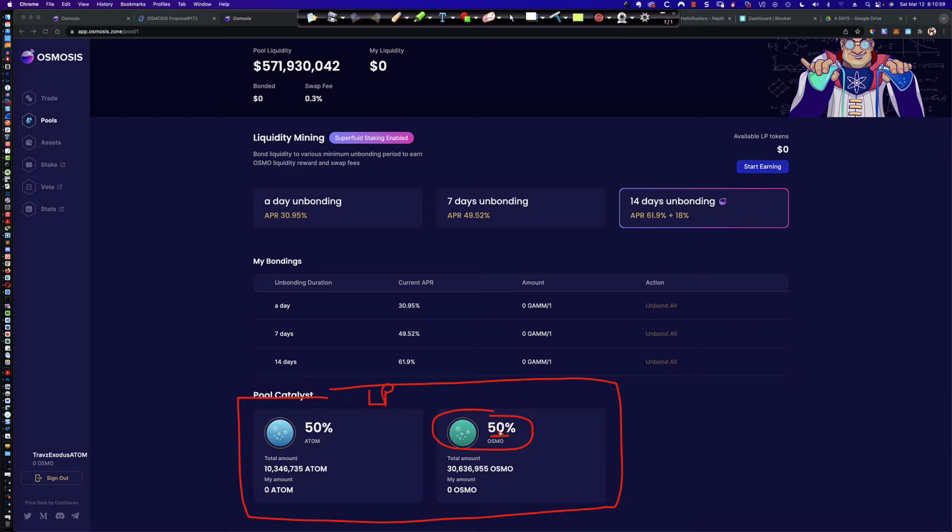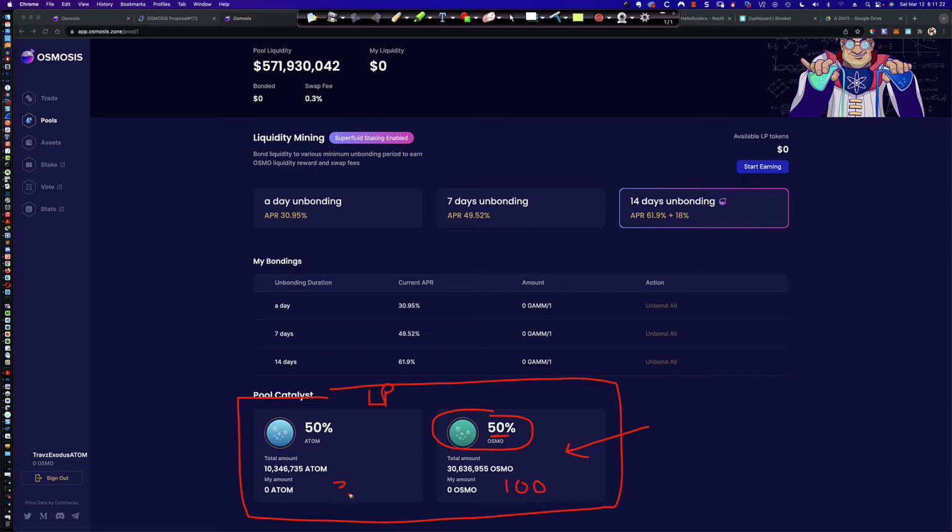And so what the Superfluid discount factor is out of this 50% of the Osmo side of the LP pairing, you're going to be able to earn APR on half of this. So for the sake of argument, if we had 100 Osmo that made up this LP pairing, right?